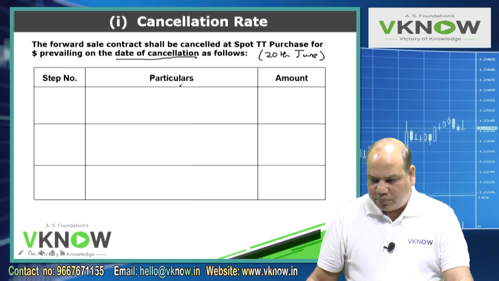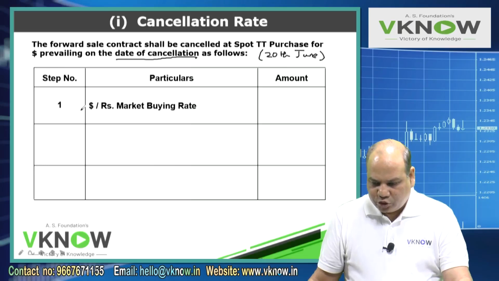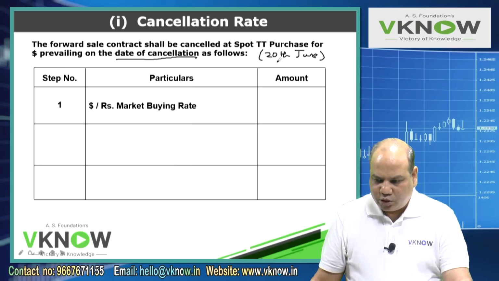See step number, particulars, amount. Step number 1, dollar per rupees market buying rate. You look at the 20th June spot buying rate. You will find first line buying rate on 20th June is 63.6800.